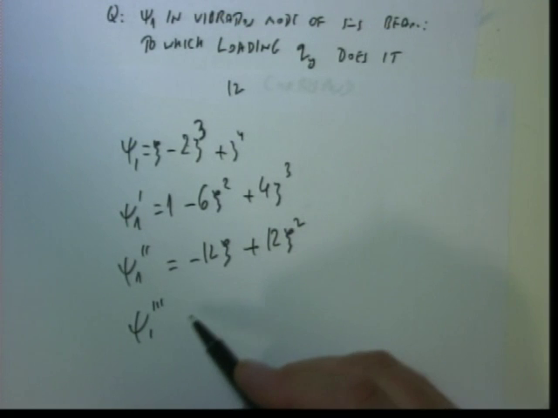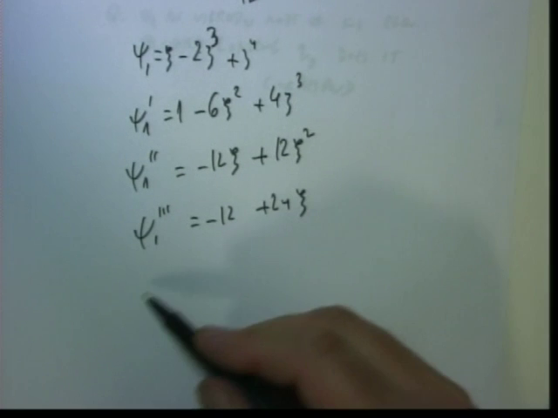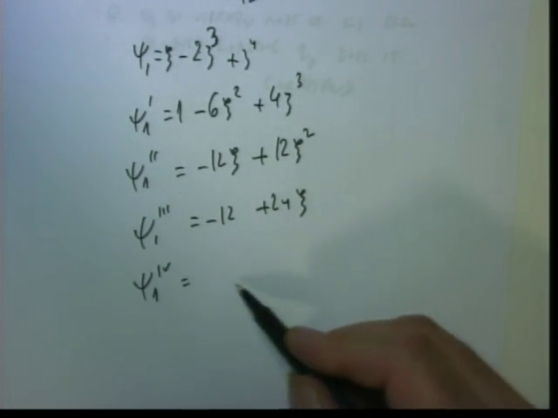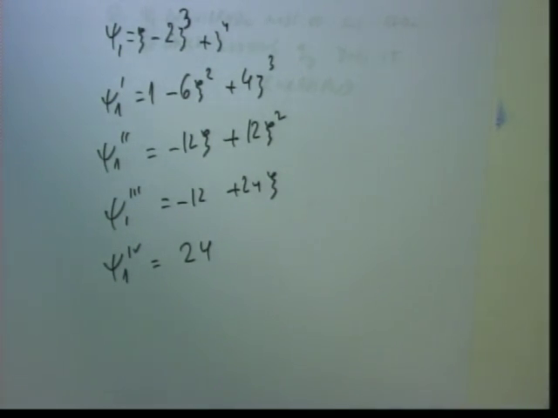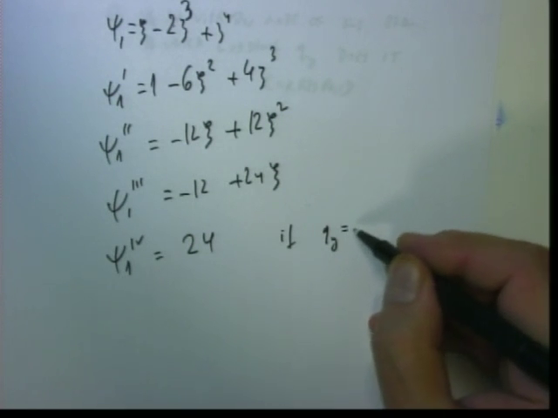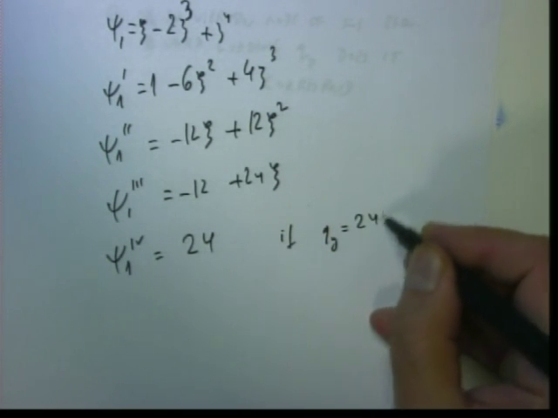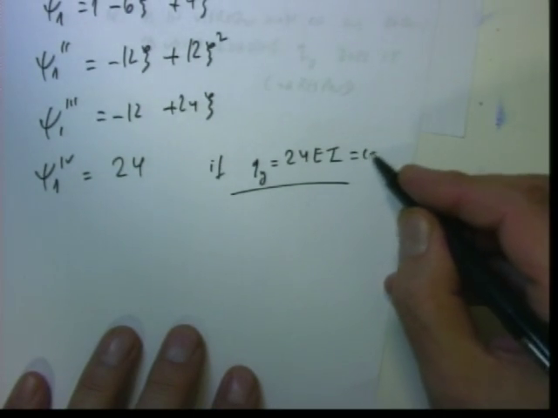Third derivative: minus 12 plus 24 psi. Fourth derivative: 24. So I got the fourth derivative equal to 24, some number. That means that qy equals 24 EI, or qy is a constant.